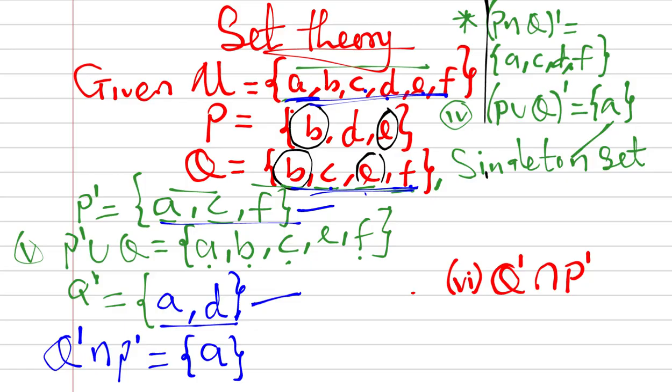Are you seeing that now? A singleton set. So our P prime is elements in the universal set but not in P, and that is A, C, F. And then your Q prime is A, D. So the common element there is A. All right, so that is the answer to that question.